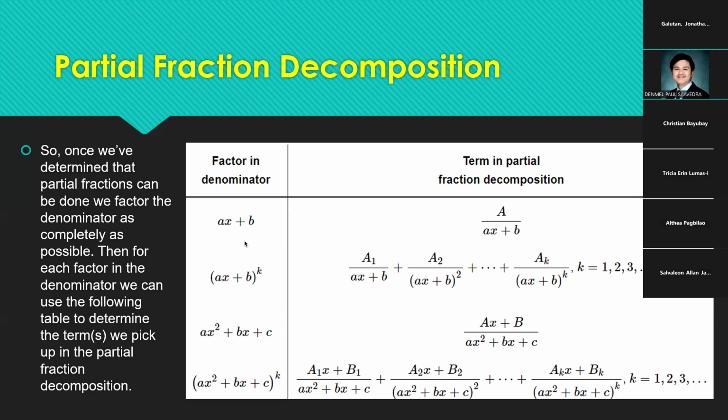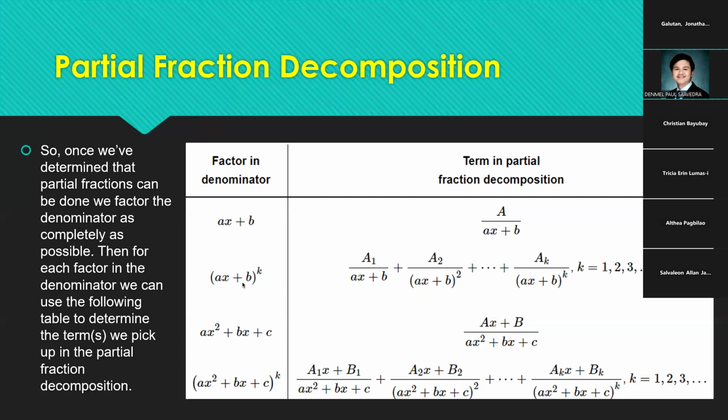So of course we have a lot of format for the denominator, and then they can be a factor, or sometimes they cannot be factored anymore, like for example ax plus b. Okay, so this one cannot be factored anymore, so it will stay as it is. So just find the A, it's just one term, so it's now A over ax plus b.